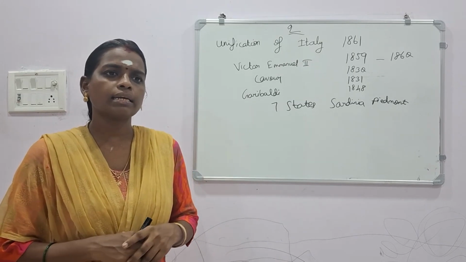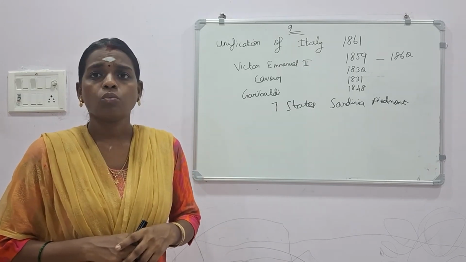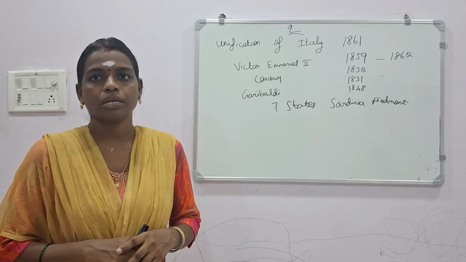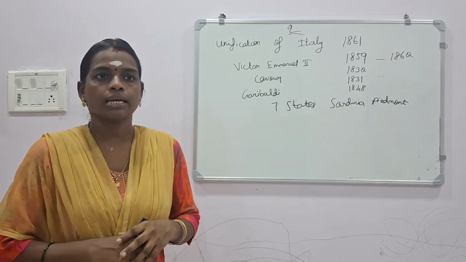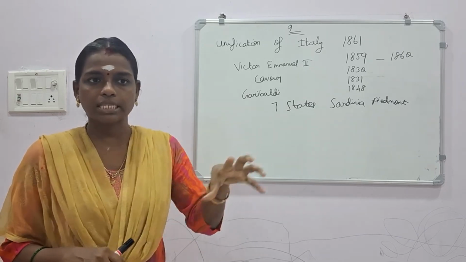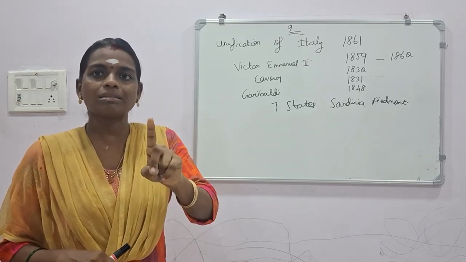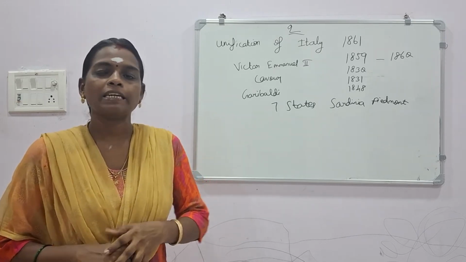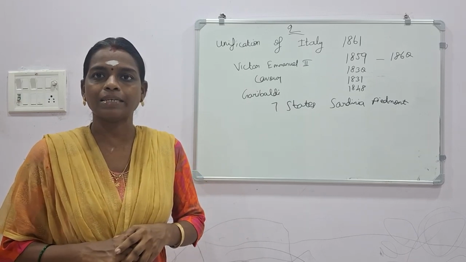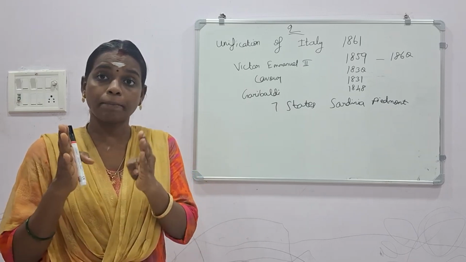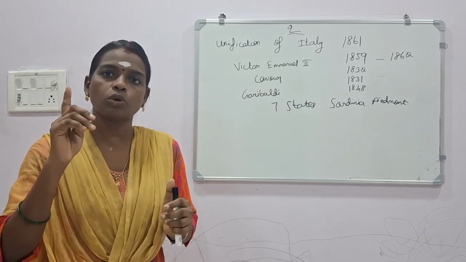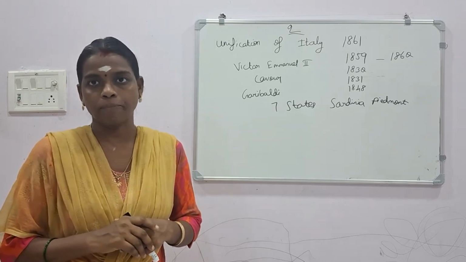And second thing, Italy was divided into 7 states. But of the 7 states, only one state was ruled by the Italian princely house. Actually, Italian people only ruled over one of the states of Italy.